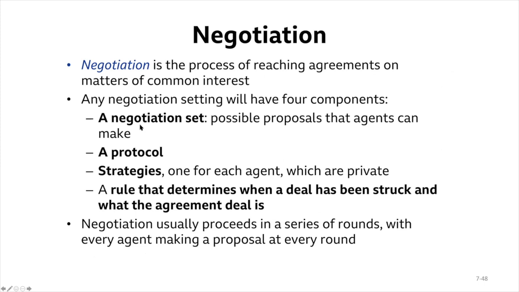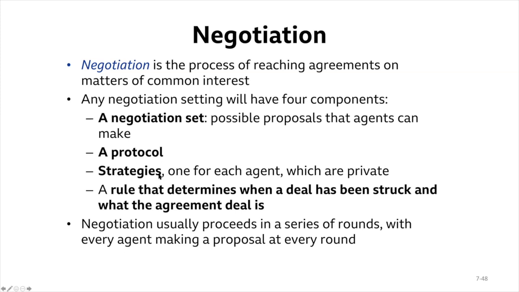This is where agreement might be reached, right? Then we've got a protocol. The protocol defines the basic rules of negotiation, how negotiation is going to proceed. So this is the rules of encounter. This is going to govern how these two agents are going to interact with one another.